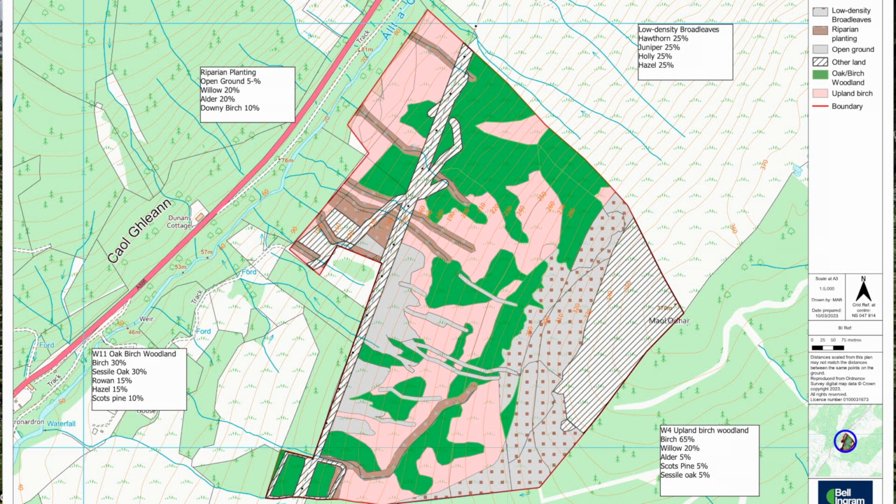So, for example, the riparian planting includes willow and alder, whereas the upland birch woodland, whilst it includes alder, also includes Scots pine, sessile oak, and is also primarily made up of birch. So you've got those varieties of mixes, and that's what you would find in the environment naturally all around us.